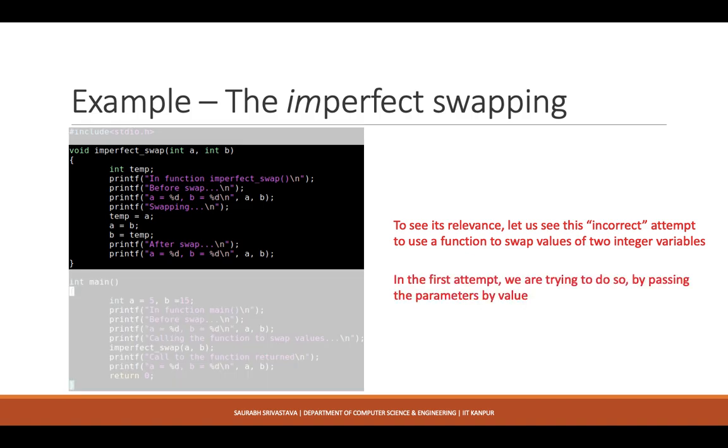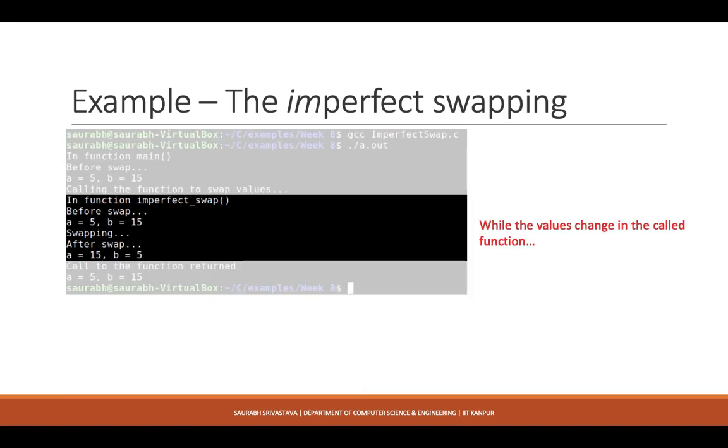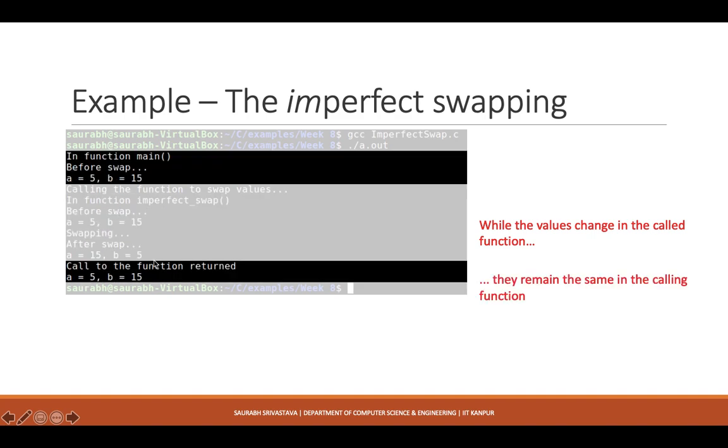Now in the first attempt, I'm simply passing the parameters by value, the usual way that we have known till now. What really happens is that even though the values are changed in the function, you can see that earlier a was 5 and b was 15, and after the swap a became 15 and b became 5.